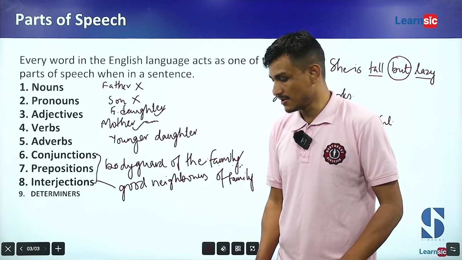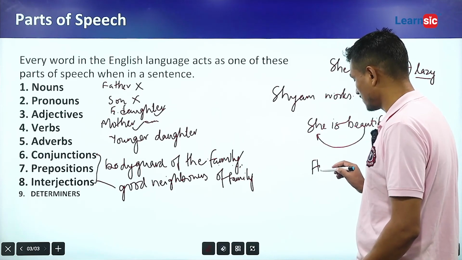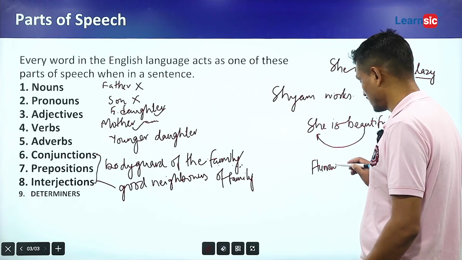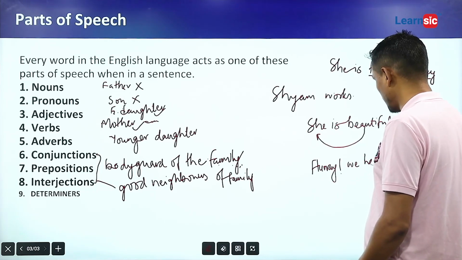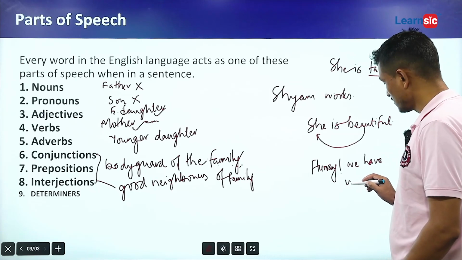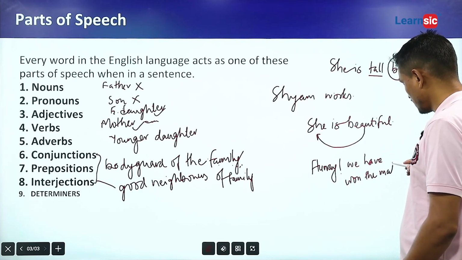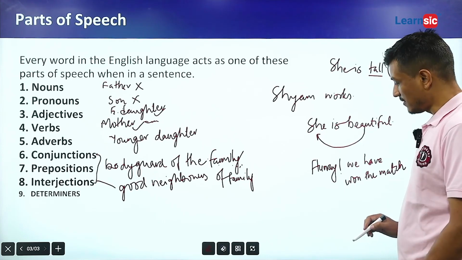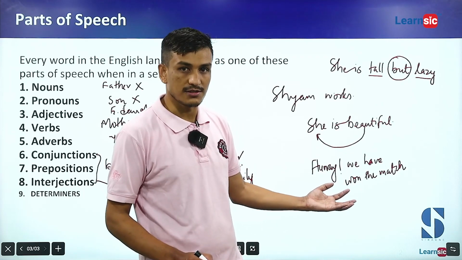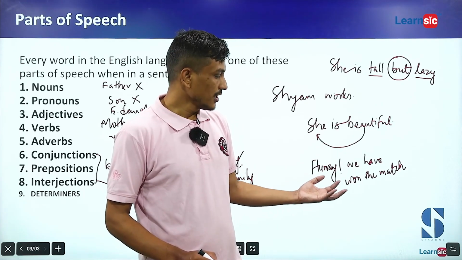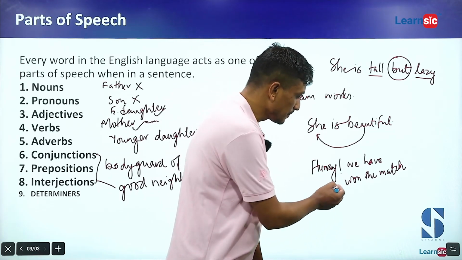What do I mean by emotions? Hooray! We have won the match. Hooray, we have won the match means there is a good occasion, a happy occasion. So interjection has come on a happy occasion.